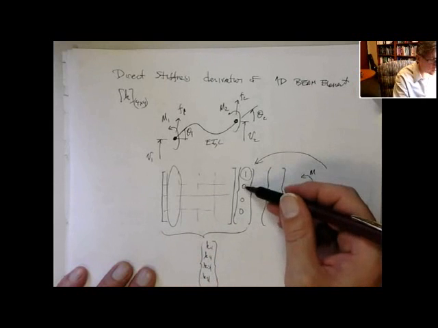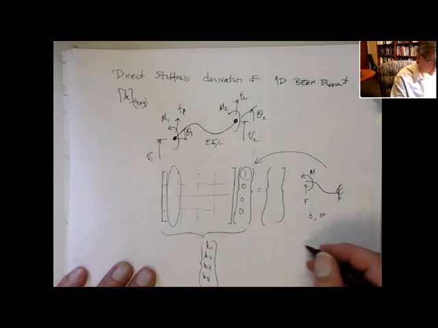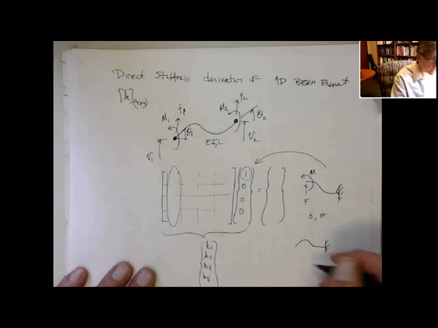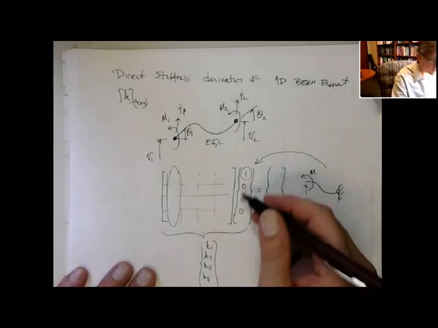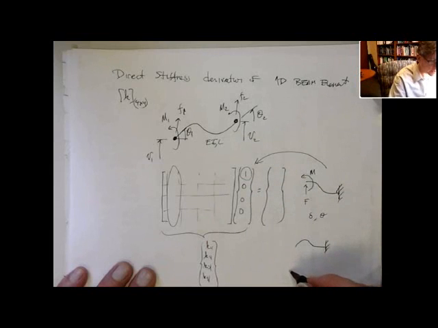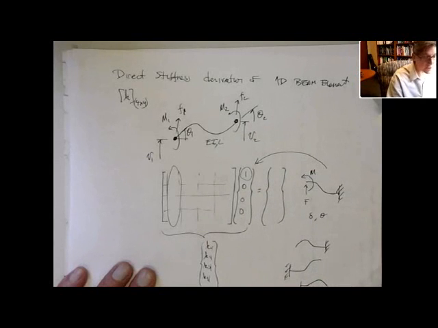Likewise, if I use 0, 1, 0, 0, which gives you that type of deflection, I can extract the second column, okay? If I do 0, 0, 1, 0, that'll give me a deflection that looks like this, and I can extract the third column, and then finally the fourth column comes from 0, 0, 0, 1, which is deflection like this.